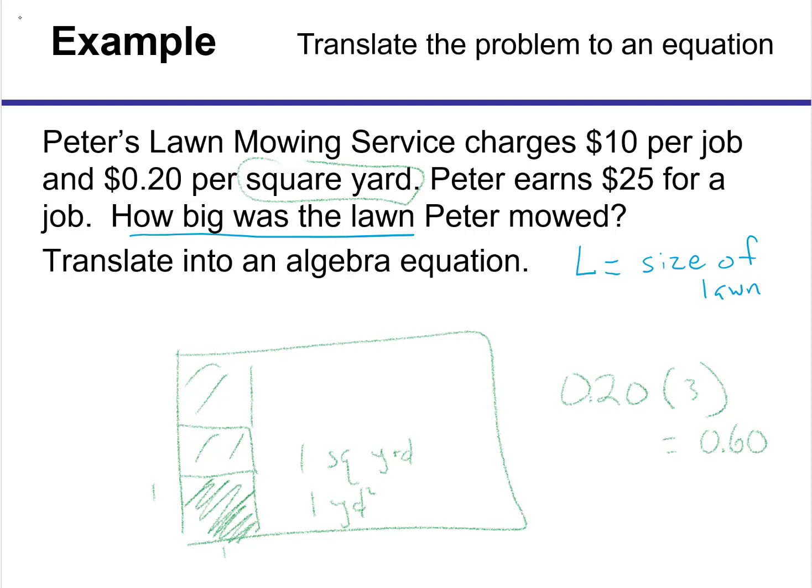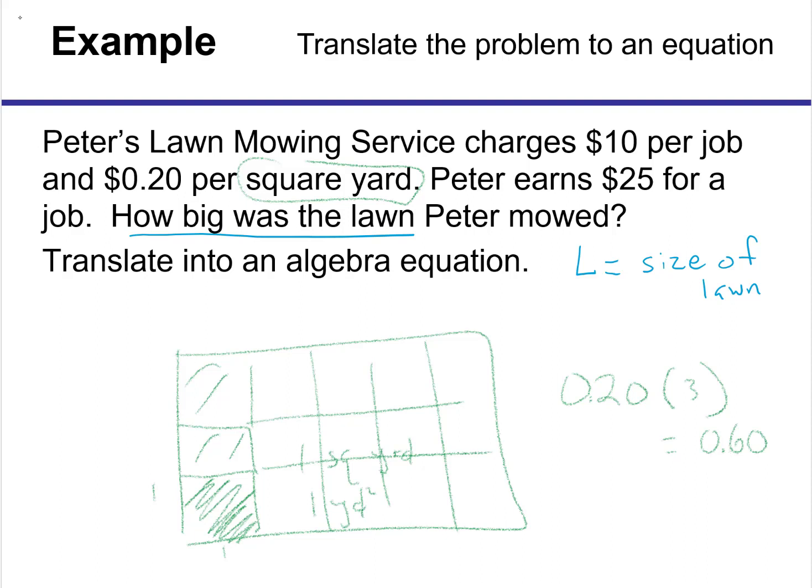But what if there are, how many are there in this lawn? Well, we don't know how big the lawn is. We're calling it L, and what we're going to have to do just now to clarify a little bit is we're going to have to count up all the square yards. But the problem is we don't know how big the lawn is.